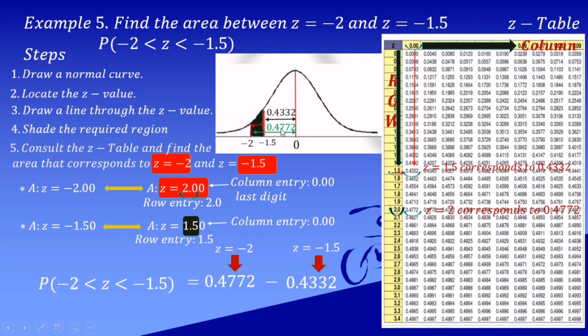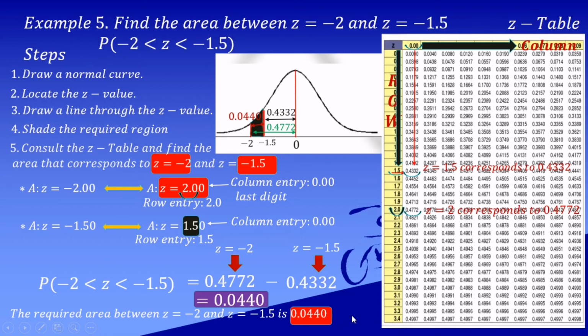We subtract that to get the shaded region. So that is 0.0440. That is the area of our shaded region. So the required area between Z equal to negative 2 and Z equal to negative 1.5 is 0.0440.